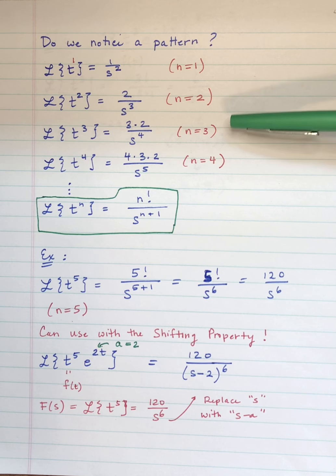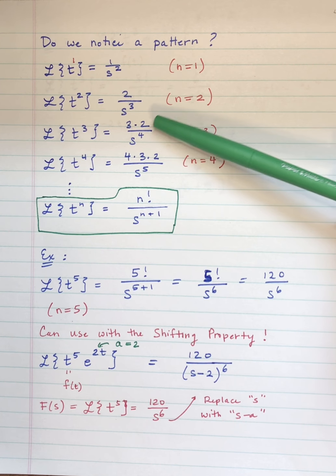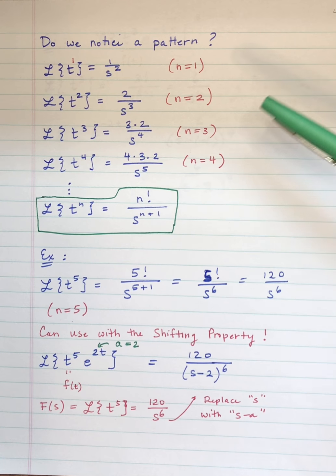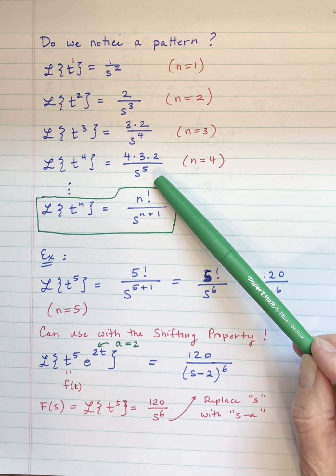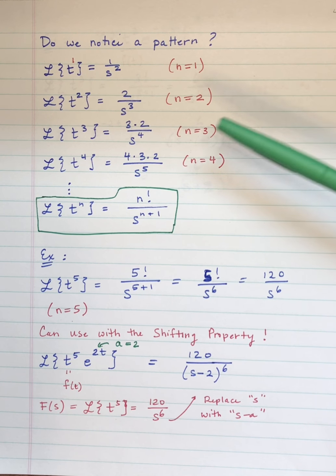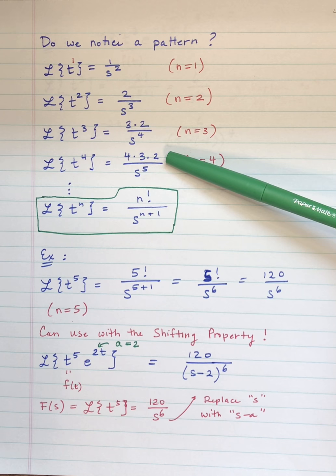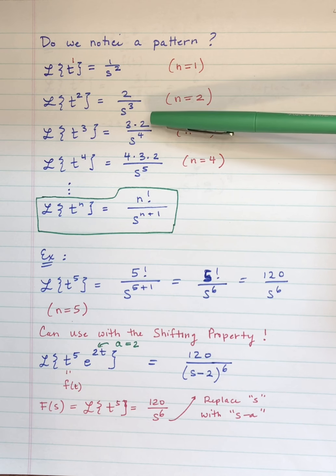If we kept taking those derivatives, as the property told us to do, if we differentiate again, we get a 3 times 2 over s to the 4th. If we differentiate again, we have a 4 times 3 times 2 over s to the 5th. So do you see what happens here? I don't know if you're familiar with factorials, but this is 2 times 1. This is 3 times 2 times 1.